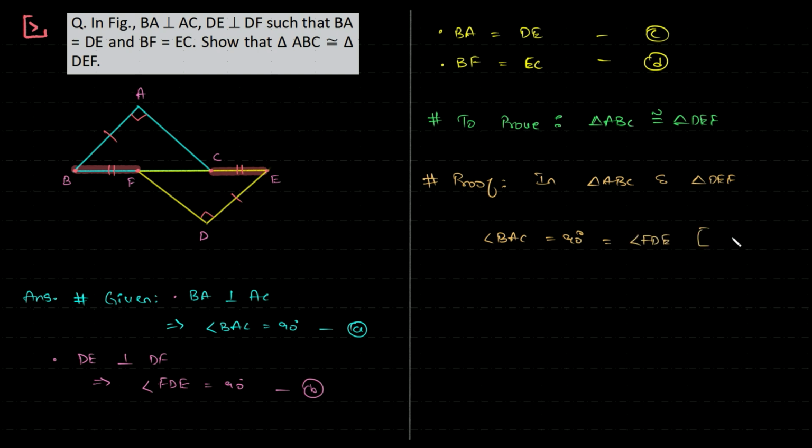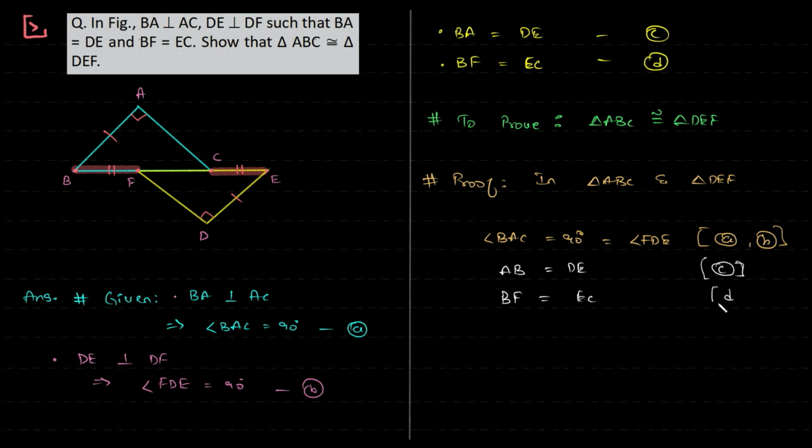This is from statements A and B, is it not? From equations A and B we have this information. Then we have AB is equal to DE. This is given. Then we have BF is equal to EC.